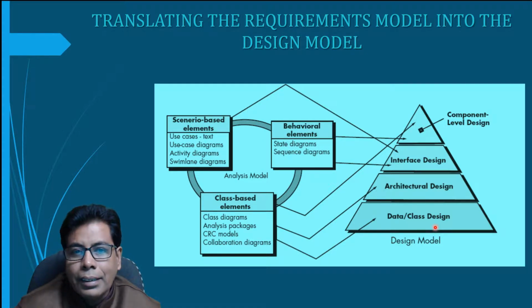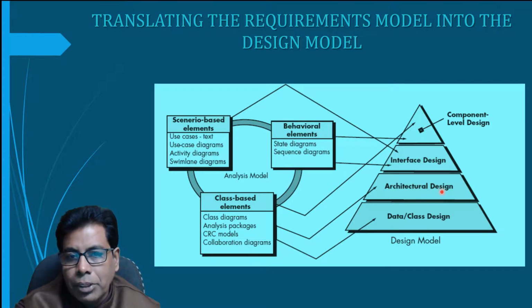Then the architectural design. Architectural design defines the relationship between the major structural elements of the software, the architectural styles and the patterns that can be used to achieve the requirements defined for the system, and the constraints that affect the way in which architecture can be implemented. That's why we have to choose the architecture depending on the implementation issues. Then the interface design.